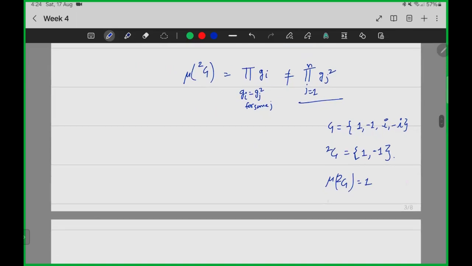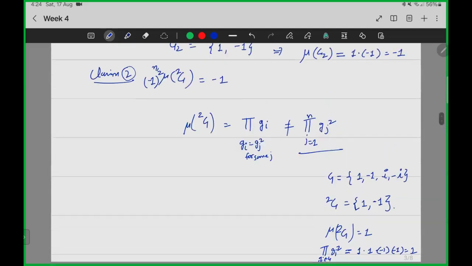But if you take the product of squares of all the elements from G: 1 squared is 1, -1 squared is also 1, then i square is -1, and -i square is also -1, and it becomes plus 1.